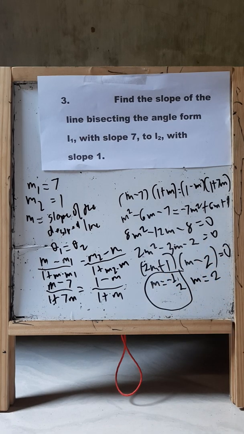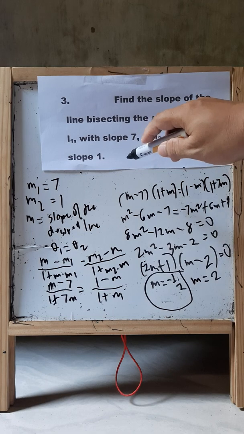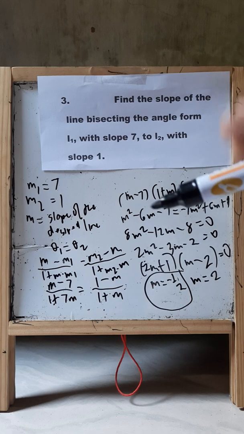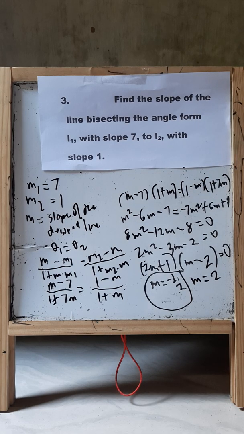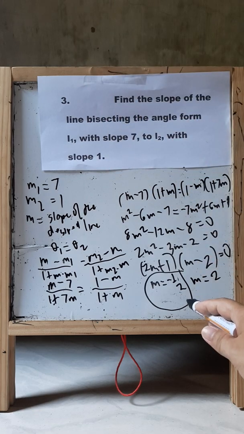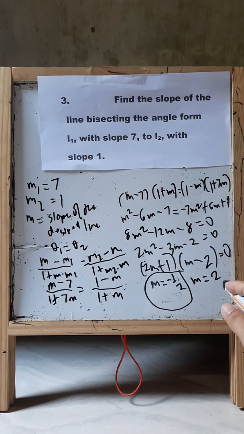Why? Because the slope, as you can see in the figure a while back, is going to the left direction. If the line is going to the left direction, its slope is negative. So it cannot be positive. Positive is to the right direction. Didn't you see it earlier?